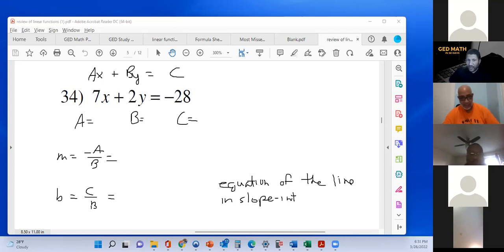Then I want you to identify the slope, then the y-intercept, then give me the equation of the line. Now your equation of the line is correct. Can't forget that.